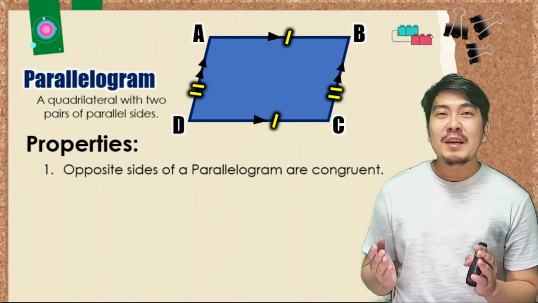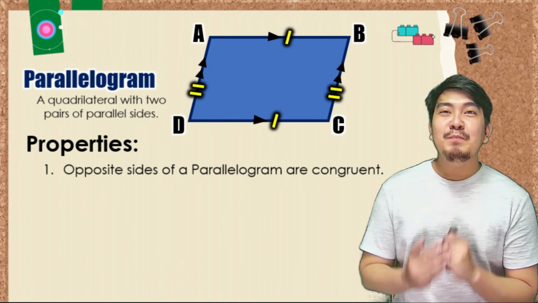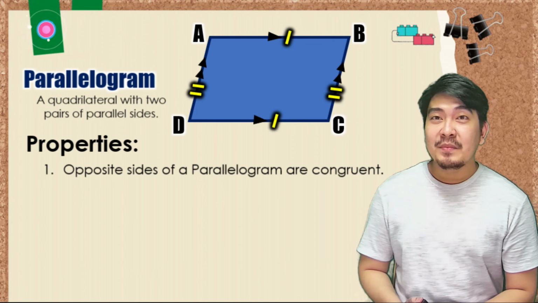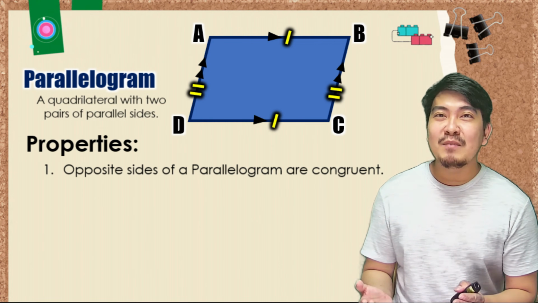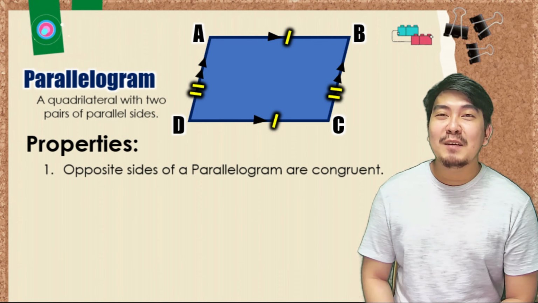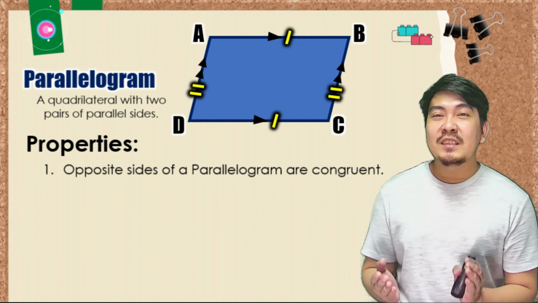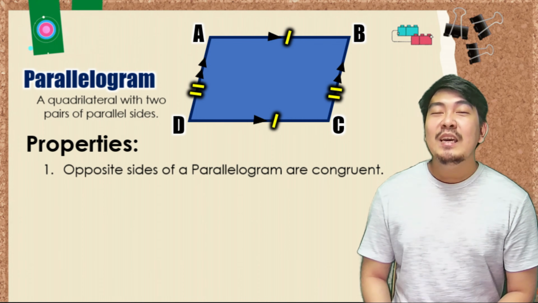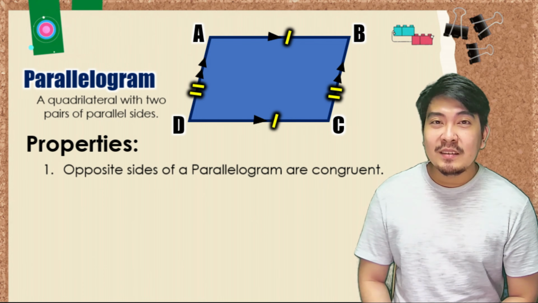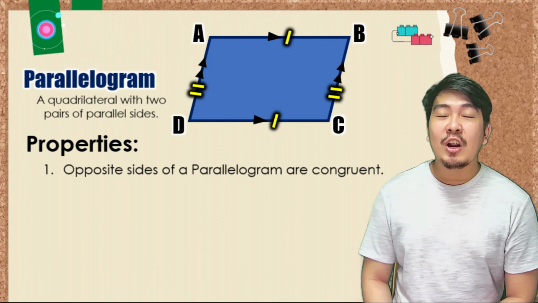So whatever the measure of AB must be also the measure of CD. Same thing with segment AD, whatever the measure of that segment must also be the measure of segment BC. So if AB is 5 units, therefore CD is also 5 units. If AD is 4 units, therefore BC is also 4 units.